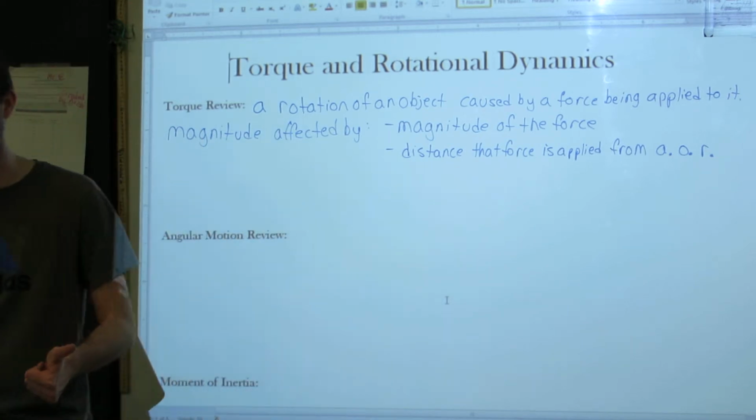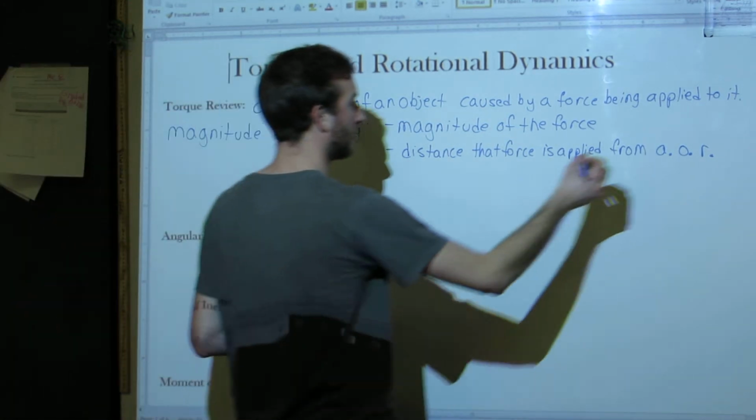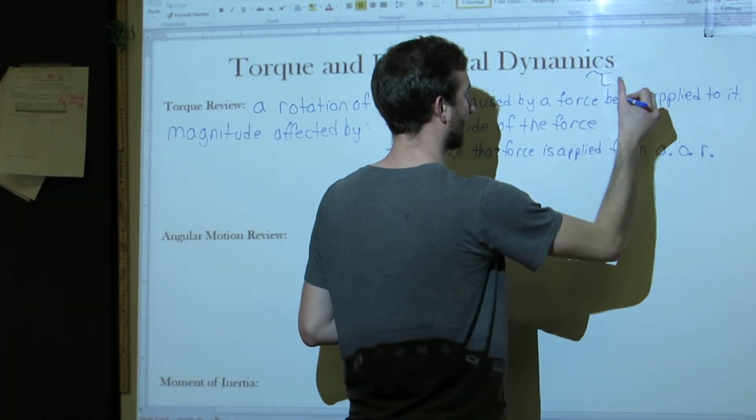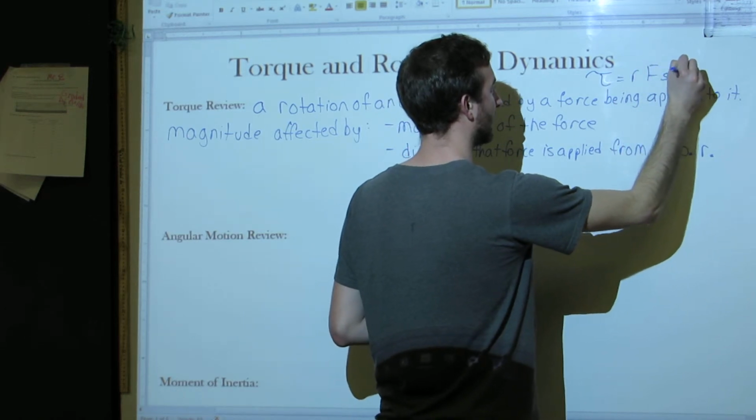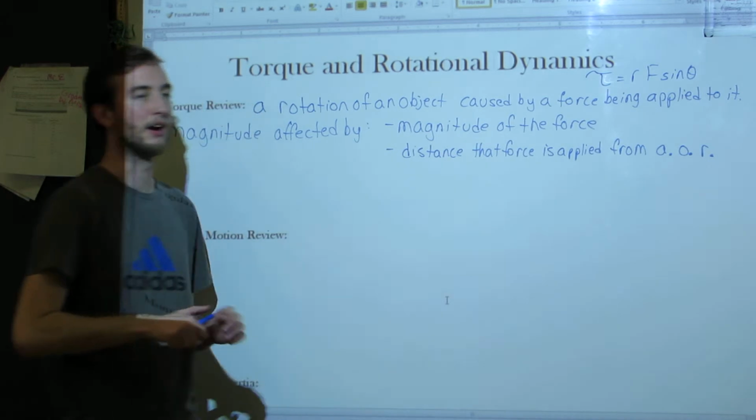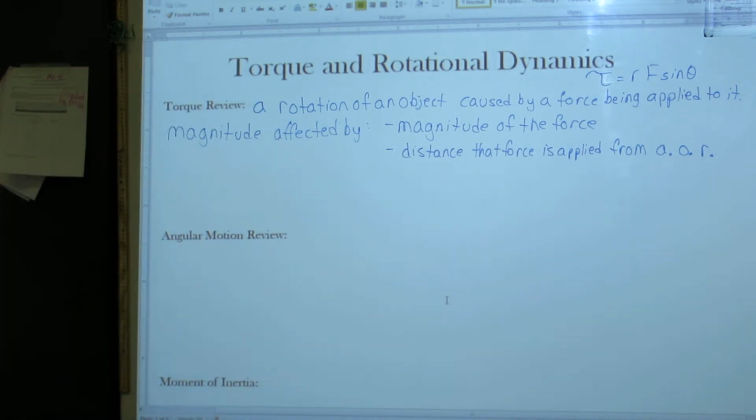Okay, this is R in the torque formula. We remember the torque formula is tau equals R F sine theta. Okay, this is the R. How far away is the force from the axis of rotation? That is something that matters.